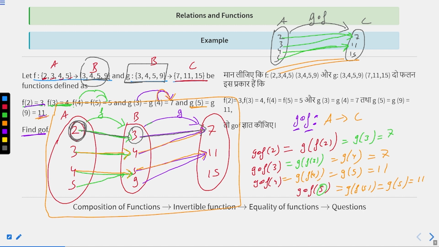So we can directly say from this pictorial representation that in g of f, 2 is related to 7. 3 is related to 4, and then 4 is related to 7. So in total 3 is related to 7. That's what is happening. So 4 is related to 5 and 5 goes to 11.